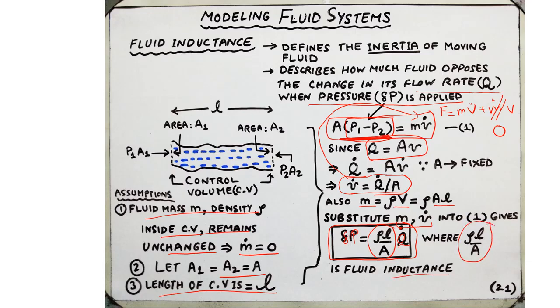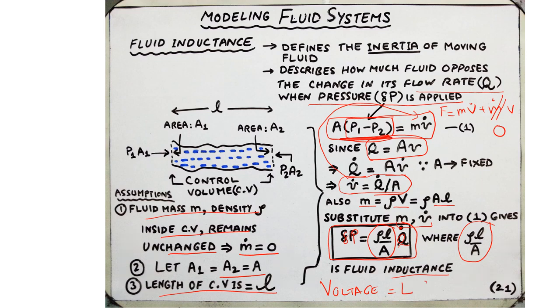And you can draw an analogy with the electrical inductance, where we said that the voltage was, remember, so this V over here, you have to be careful over here with the variables. So voltage equals inductance L. Remember, electrical inductance, we used L. We also use L for the fluid inductance.